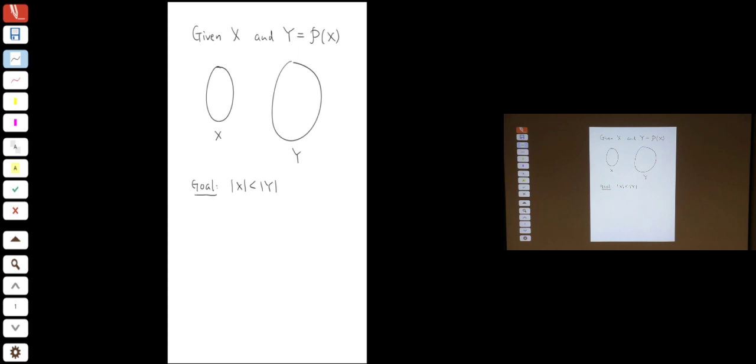That is, any attempt, any f from X to Y is not onto, right? So this is what we actually want to show. I want to show you cannot match the elements between X and Y.